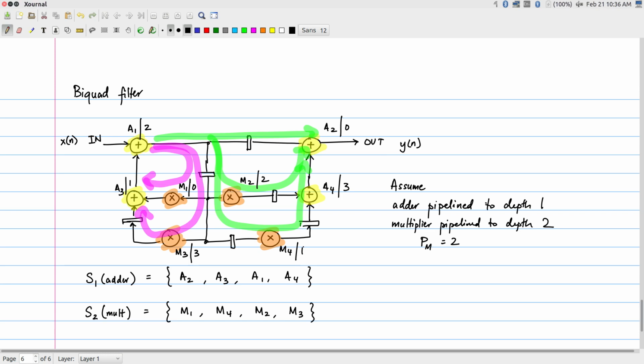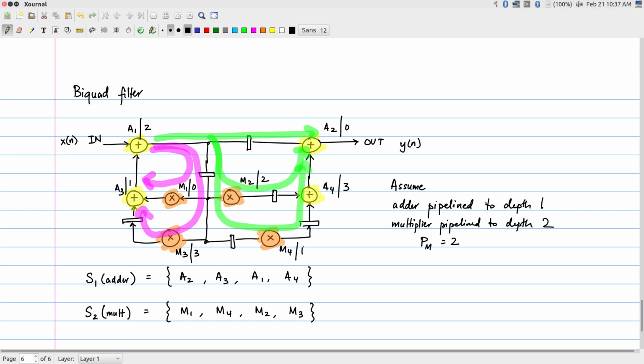So if I wanted to systematically take any data flow graph and implement it on a limited amount of hardware, effectively this is what needs to be done. I need to somehow come up with these assignments. How we come up with the assignments is the topic of scheduling. We'll get to that next after we have completed this. The purpose of doing this exercise is to say, once I have a schedule, this is one way by which I can implement it in hardware.